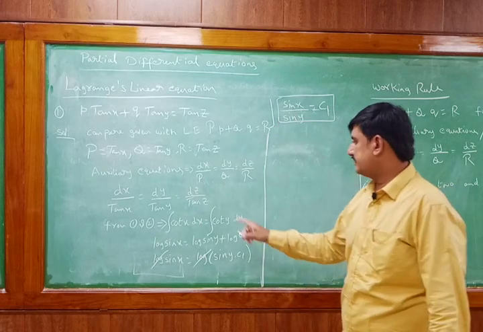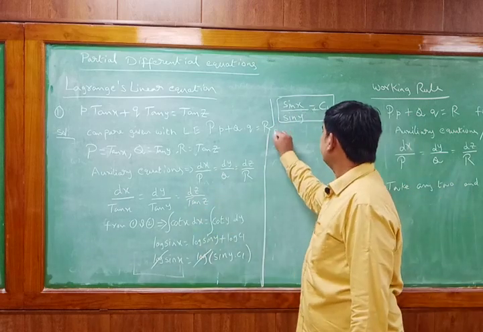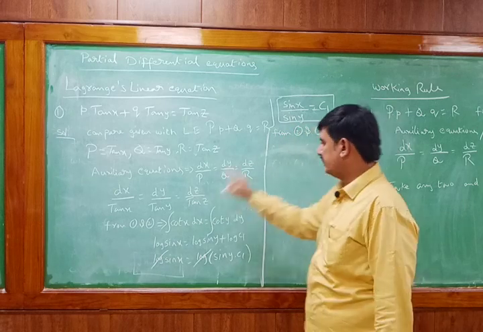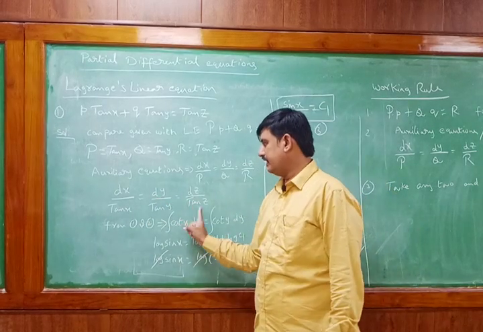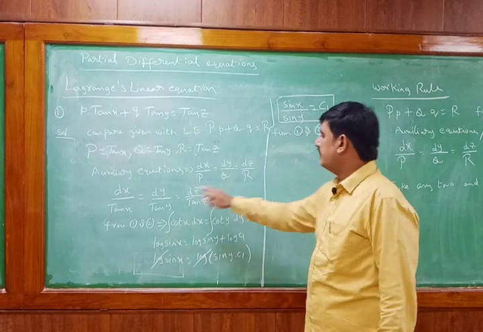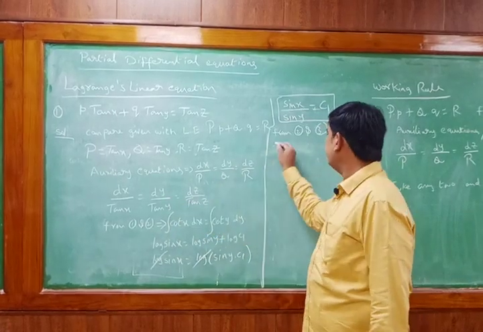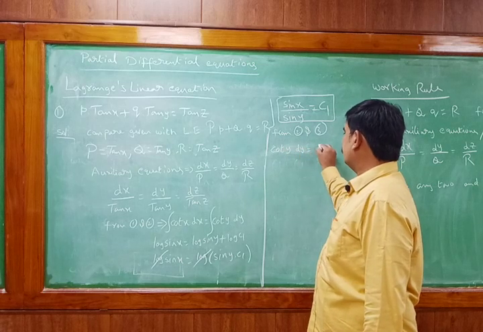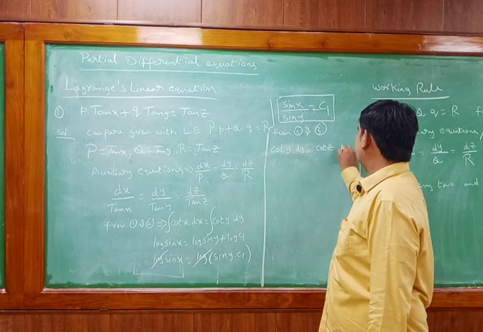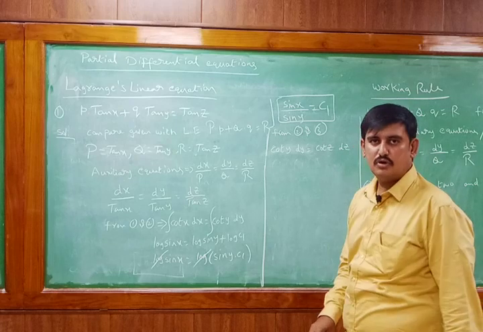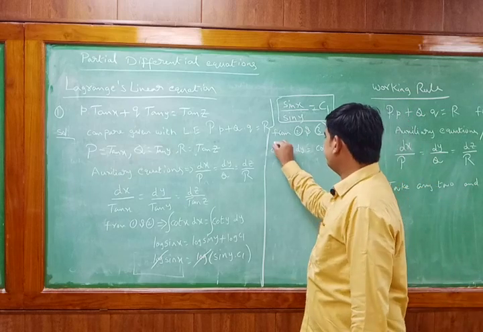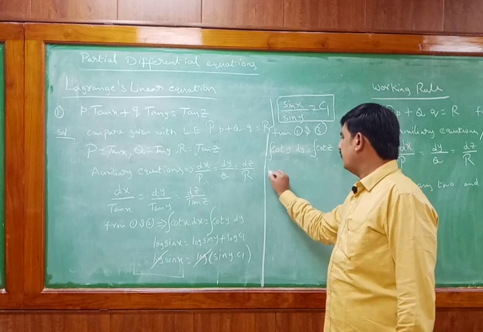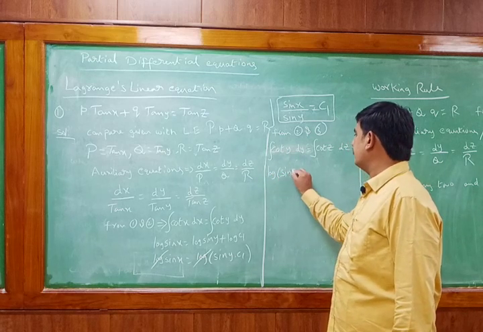Okay. Next, for C2, take 2 and 3. So what do I get here? 1 by tan y becomes cot y dy is equal to cot z dz. Then integrate. Cot y integration is log sin y.